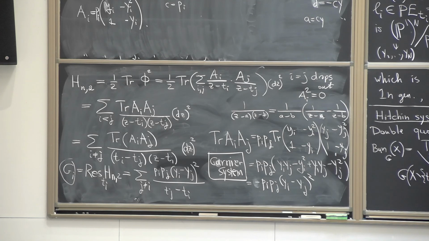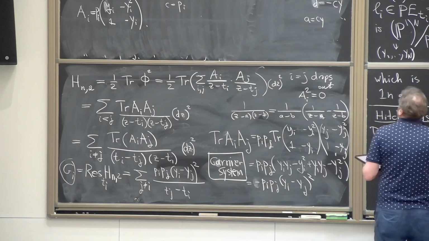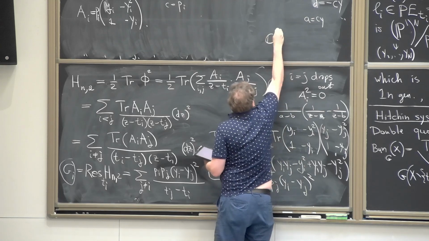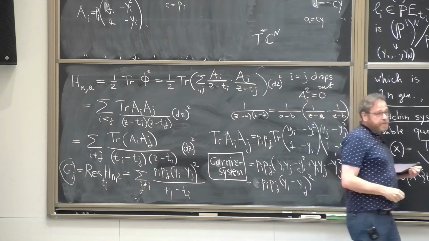Well, some open set in P1 to the power n minus 3. Here we're working on P1 to the n, or rather A1 to the n. So our space that we're working on is really T star of C^n, because we didn't kill the SL2 symmetry.